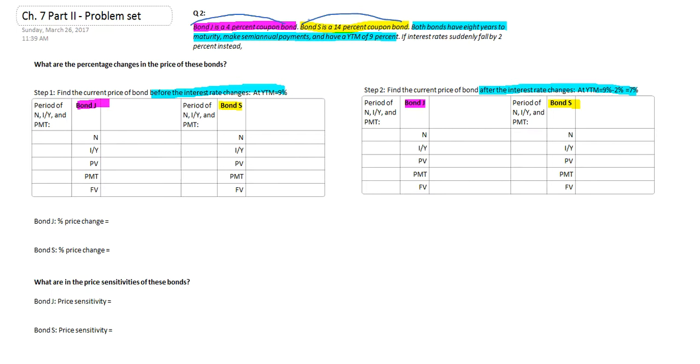So in this scenario, looking at these two bonds, J and S, bond S has the higher coupon rate. So we can tell now, before doing anything, that bond S tends to be less sensitive to interest rate change.